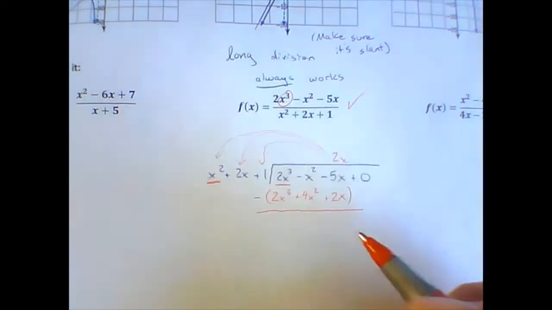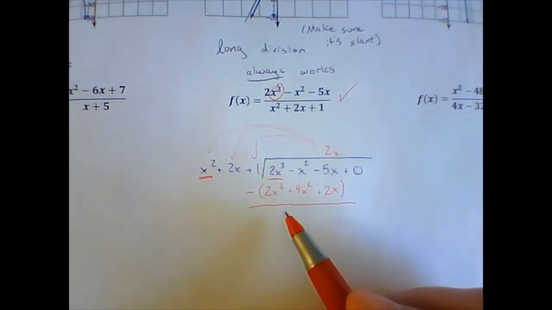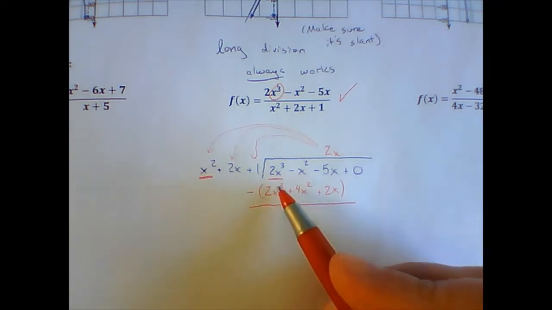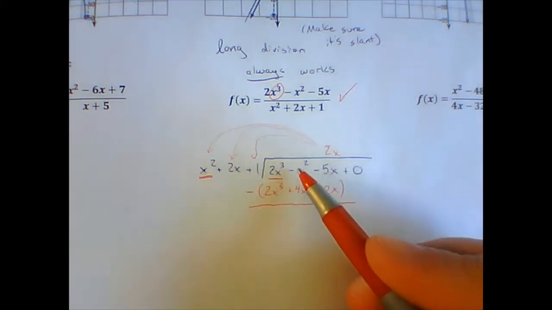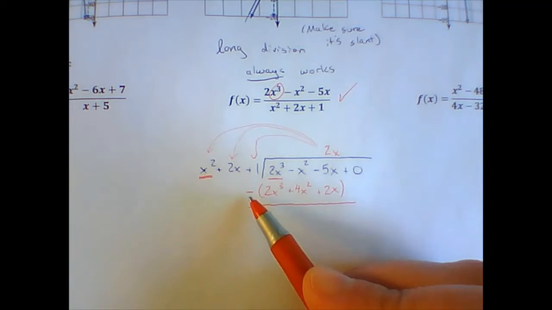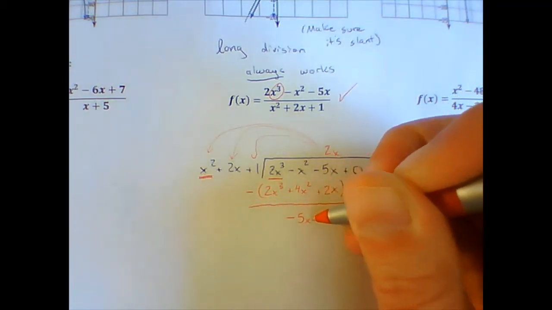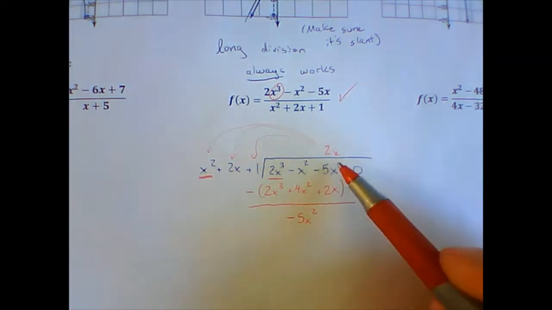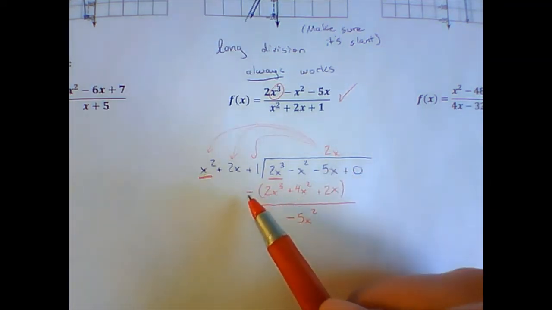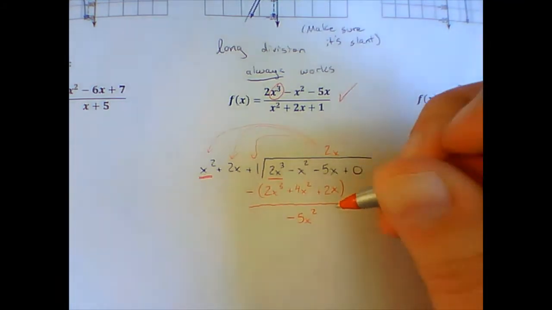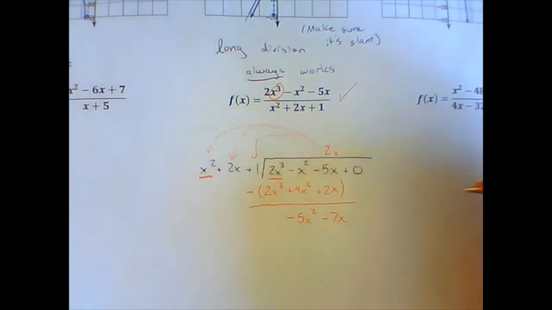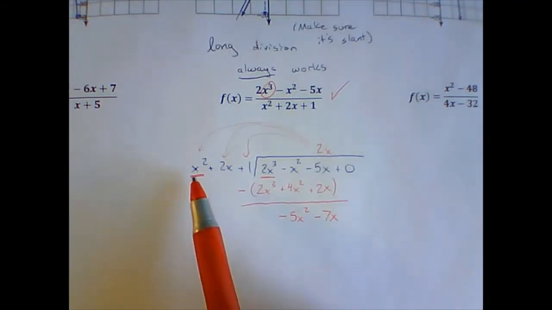We subtract, and all the parts of it subtract. That subtraction goes through all of this new multiplied stuff. So we have a negative x squared minus 4x squared. That's a negative 5x squared. Okay? Negative 5 minus 2. That's a negative 7. So the easiest place to make a mistake in this is subtracting.